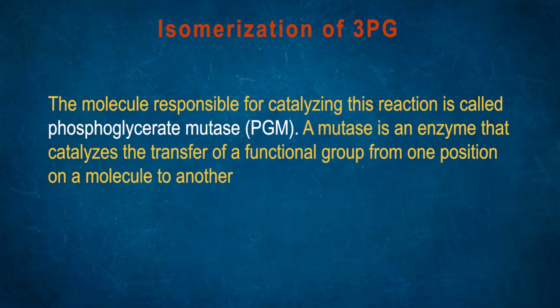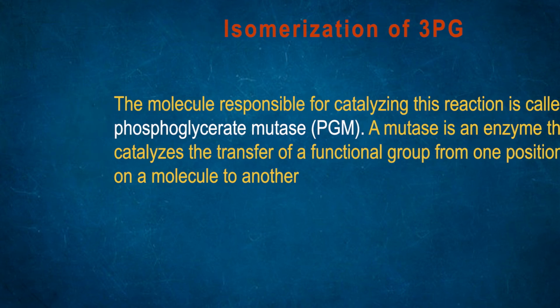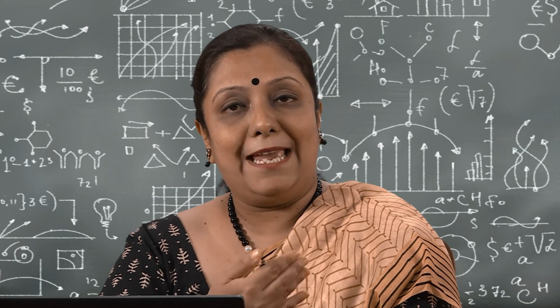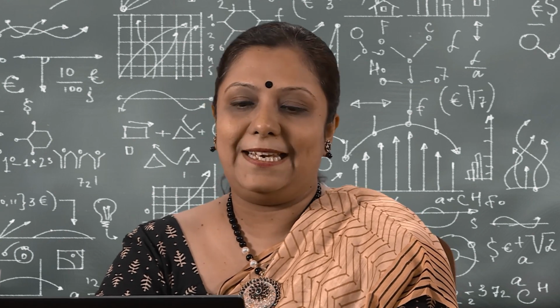Phosphoglycerate mutase is a mutase enzyme which transfers a functional group from one position to another. Sometimes 2,3-phosphoglycerate kinase can also produce 2,3-phosphoglycerate from 3-phosphoglycerate as well, and the net energy change is 4.4 kilojoule per mole. The enzyme goes back to the original phosphorylated state.